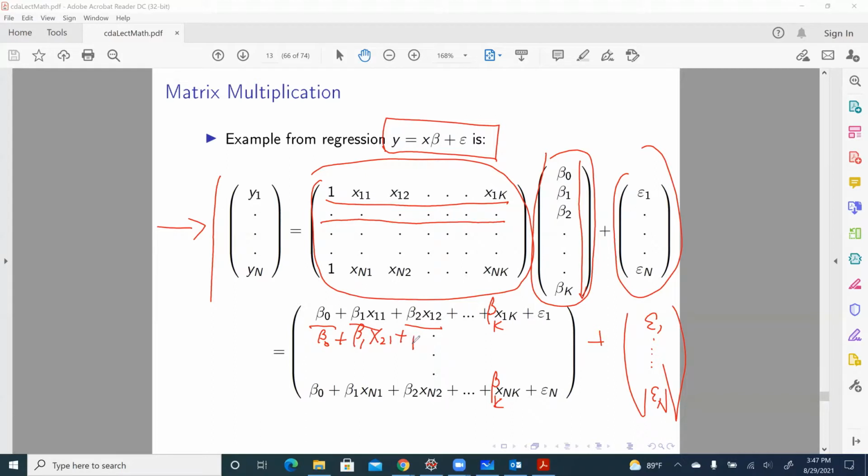Plus what? Beta 2. Well, for the second X it is what? X second row, second column. And we continue until we hit what? Beta k, X 2k plus epsilon 2.